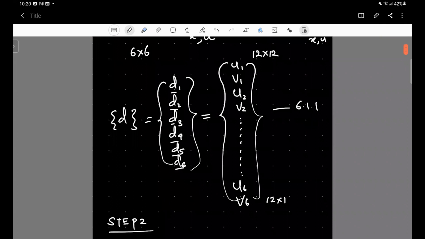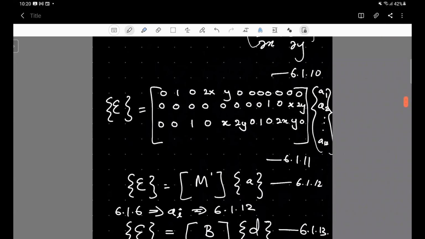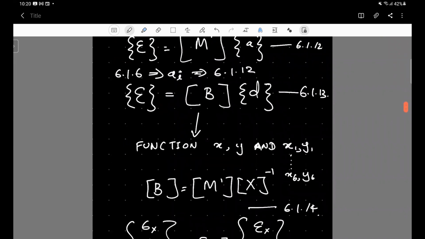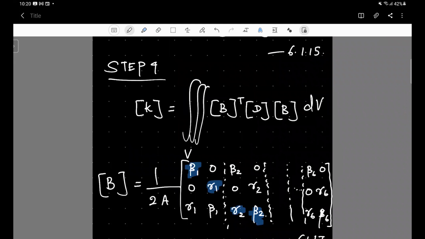There are so many equations that I have already tried to miss out. Once you have the B matrix, you can find the transpose and multiply it with the constitutive matrix and perform the triple integral using a computer in order to calculate the element stiffness matrix for the linear strain triangular element.